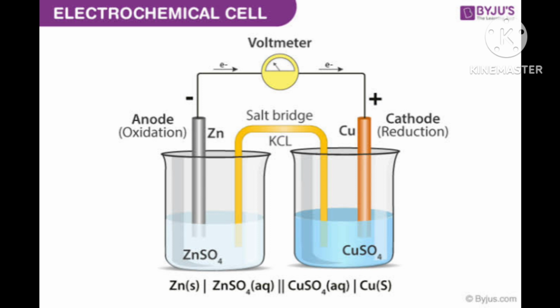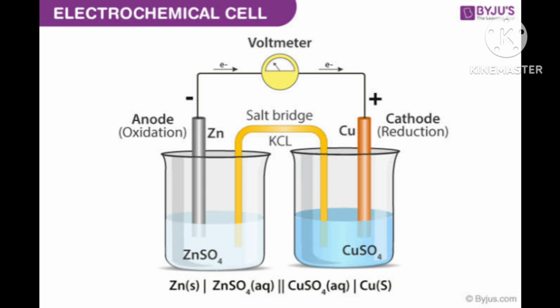Here more potential develops on Zn, on the anode, okay, because they have more tendency to lose the electron. Now at the anode potential is there, at the cathode also potential is there. Now both electrodes have potential.